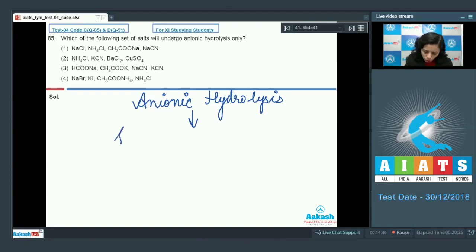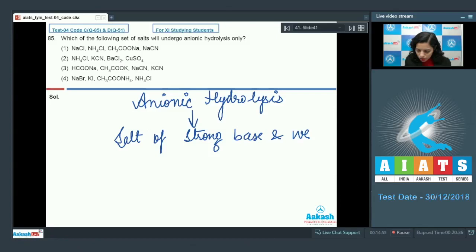So the salts of a strong base and a weak acid will undergo anionic hydrolysis. Let's check the options given here. In the given options, different salts are present. In the first option, we have 4 salts. We have to check: if all of them are salts of a strong base and a weak acid, definitely that set contains all the salts which undergo anionic hydrolysis.